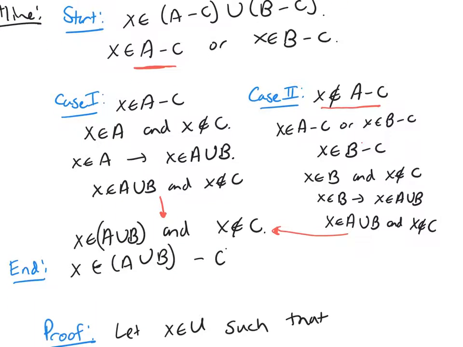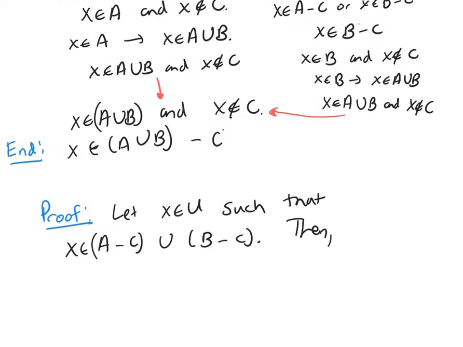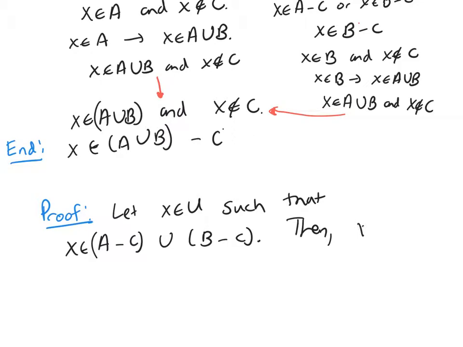X is in A minus C union B minus C. And then what was my next line in my outline? It said, then X is in A minus C, or X was in B minus C.